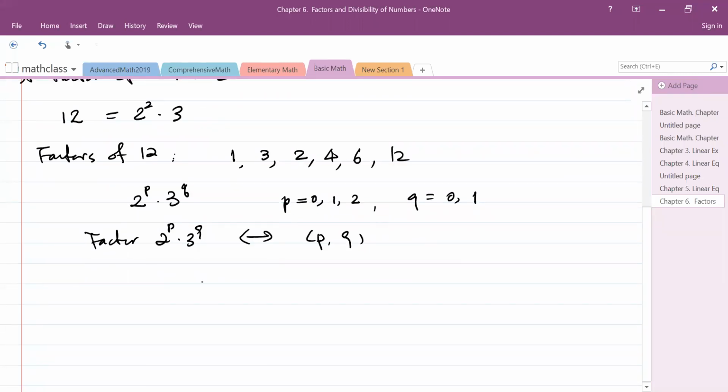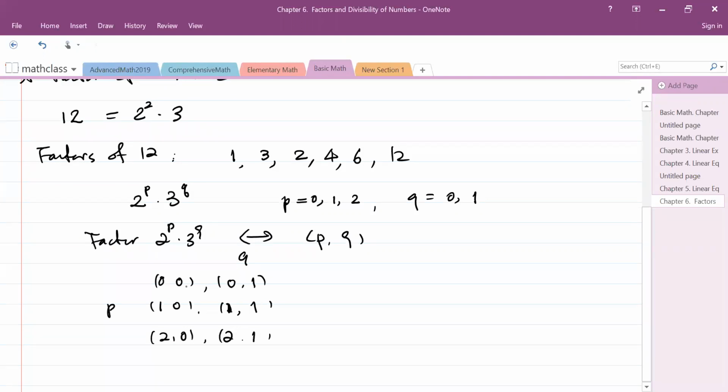P could be 0, 1, 2, and q can only have values 0 and 1. So you can have 0,0; 0,1; 1,0; 1,1; and 2,0; 2,1. You see? So you have this many combinations.